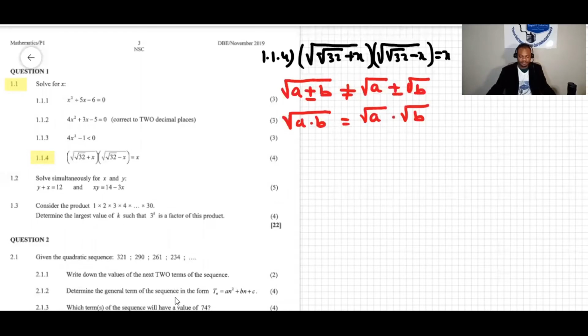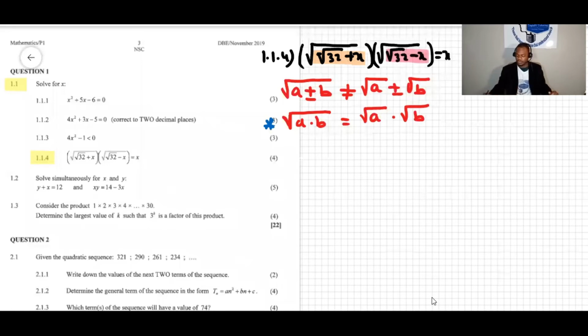Now, we're going to consider the contents of these roots as a, and the content of these other roots as b. So applying this last property, you remember, I want to say that those properties are useful forward and backward.